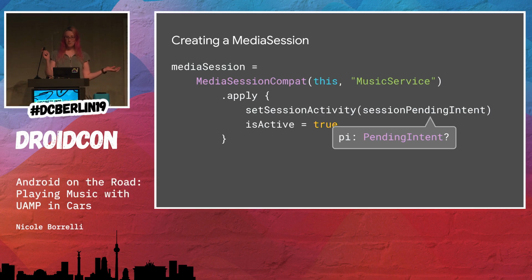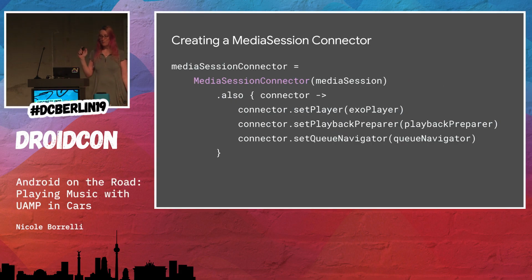Okay. So then we have a media session, and now we're going to create a media session connector. That's pretty simple. We set the player to whatever the ExoPlayer is that you had created.